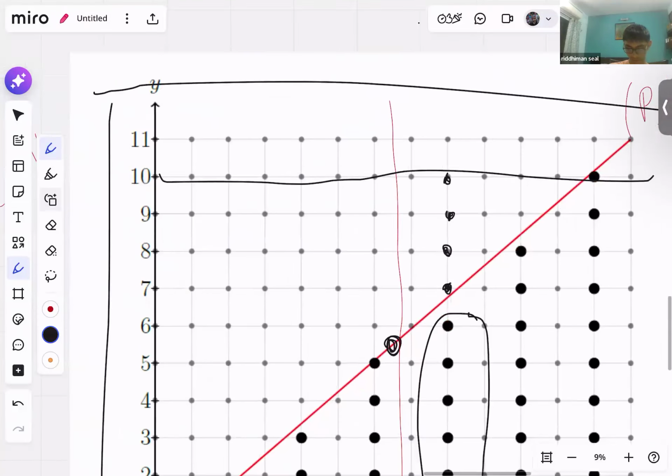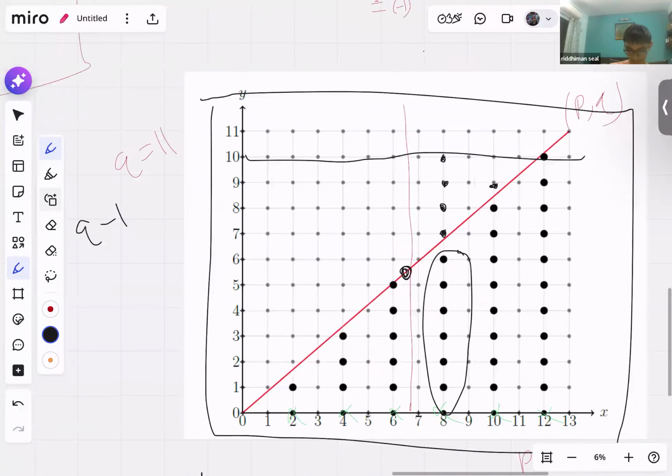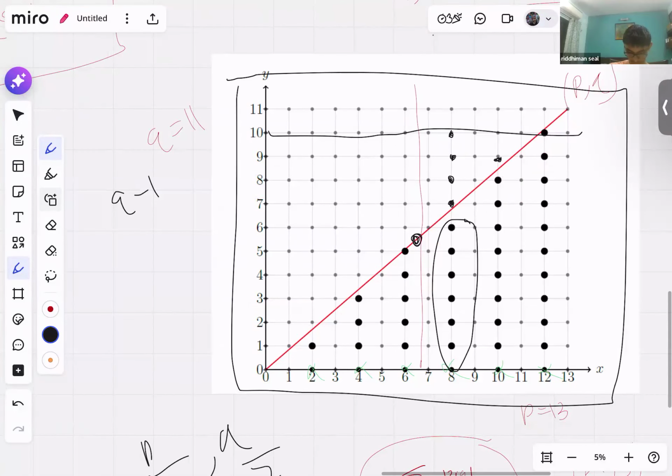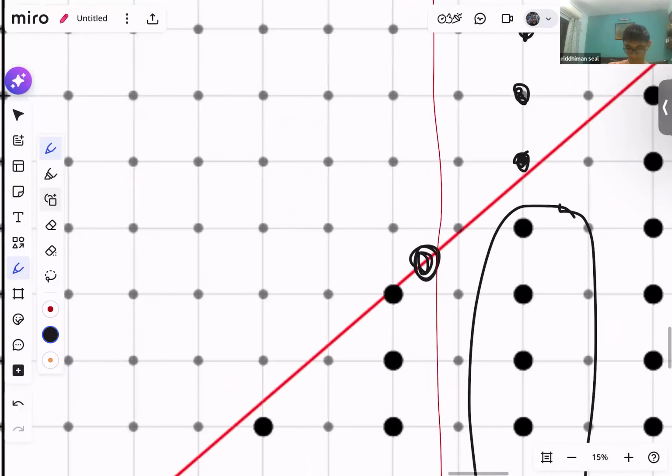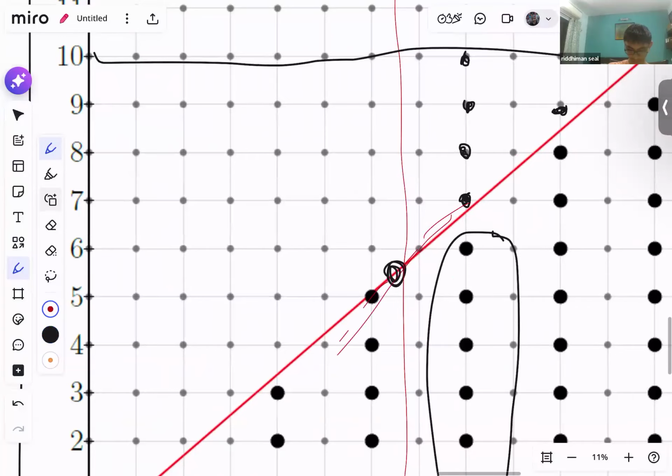So okay, this completes the thing. It will look something like this. So the idea is, now what you do, you take these points and you sort of reflect them in the center.